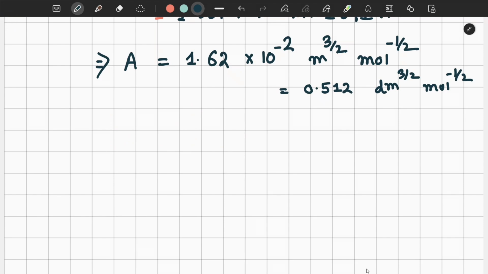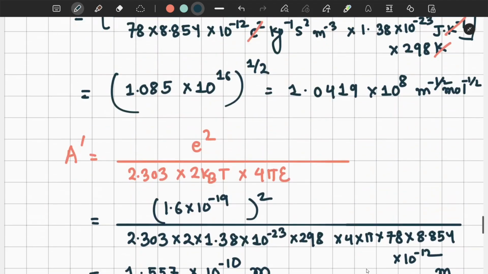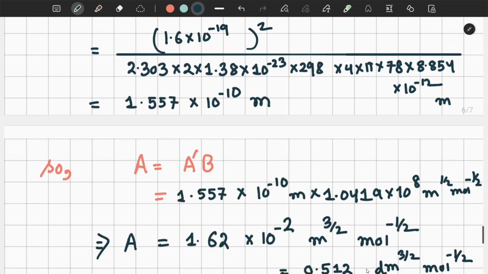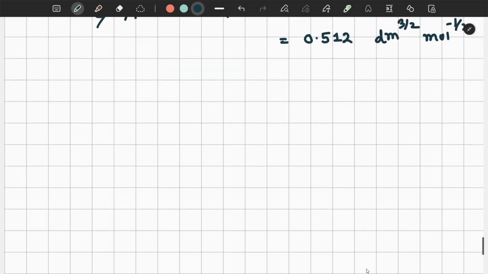Okay, 0.509 is the experimental value, and this is theoretical. Totally theoretical, everything. So it's matching. It's a good agreement. 0.509 and 0.512 is very good agreement if you think like that.